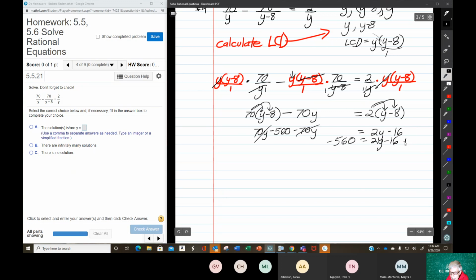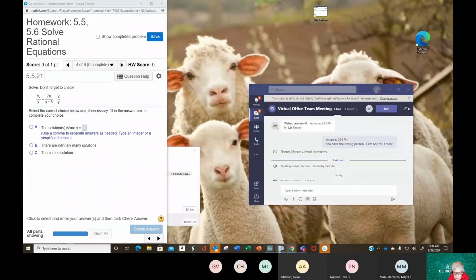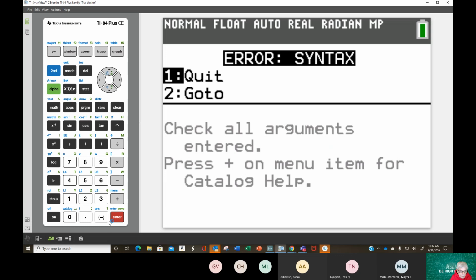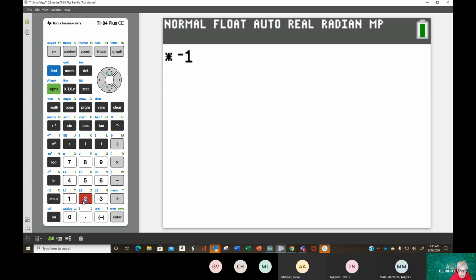Then I'm going to add 16 to both sides because I have to solve for y. So I have 560, it needs to be a negative number. It's -560.